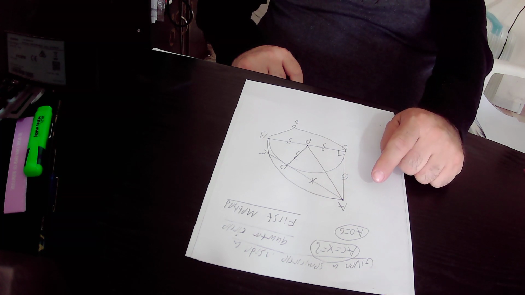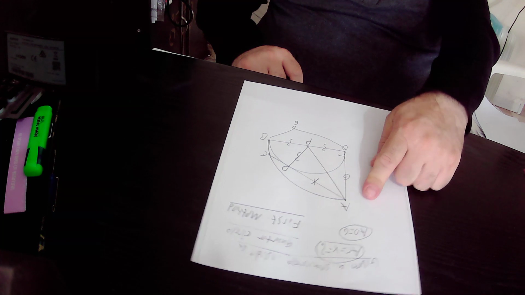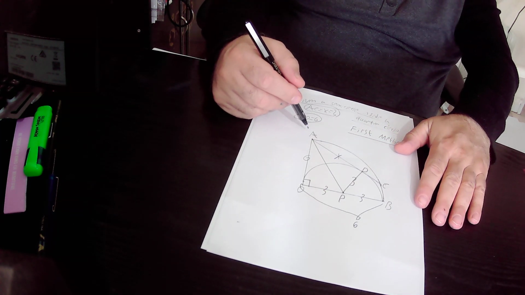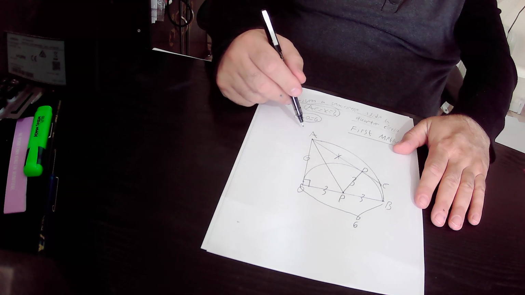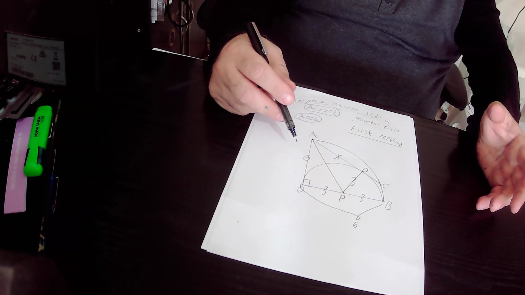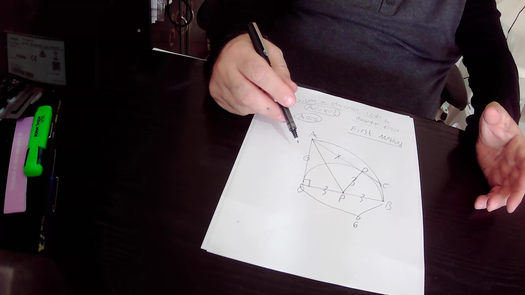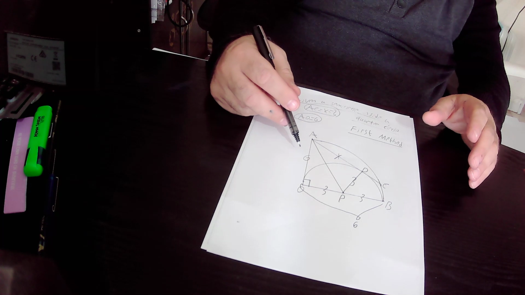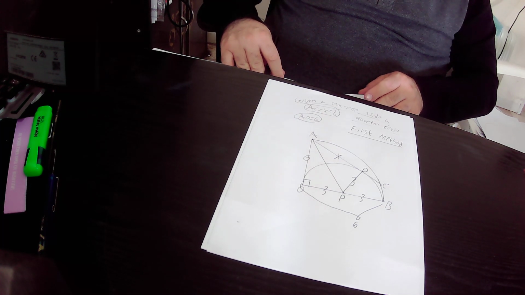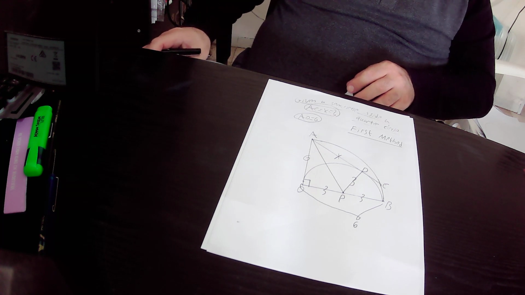Therefore, it is defined as a common external point. From point A, we have tangent AO and tangent AD. And according to rule number 1, those two tangents are equal to each other in length. That is to say, AO equals AD according to rule number 1. So I write it down.